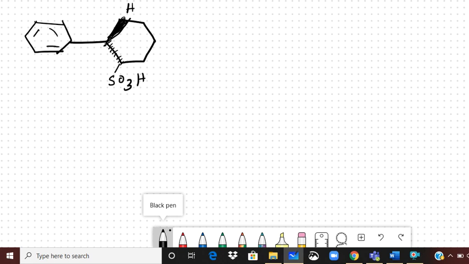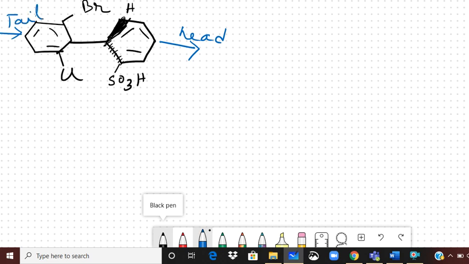Okay, this part is bromine and this is chlorine. So as I have told you before also, this is the head and this is the tail. Okay, so we have to look from this side.